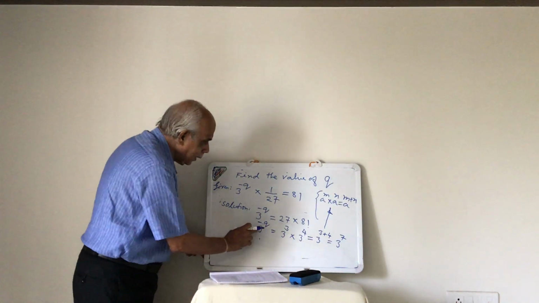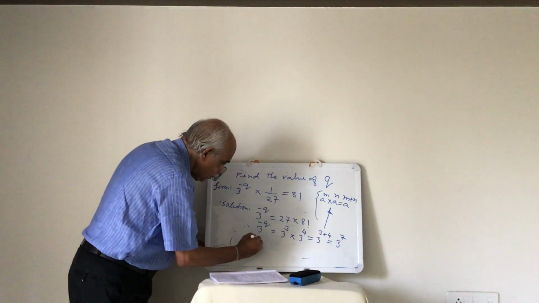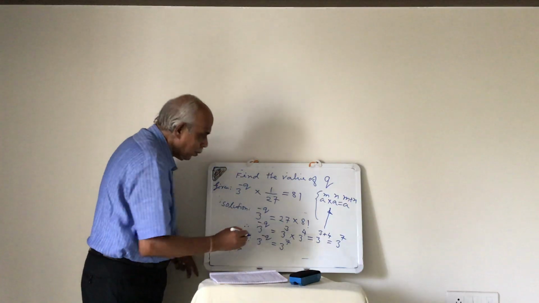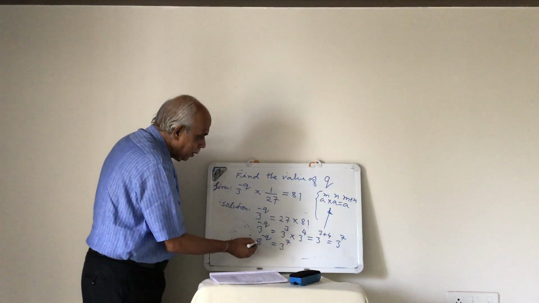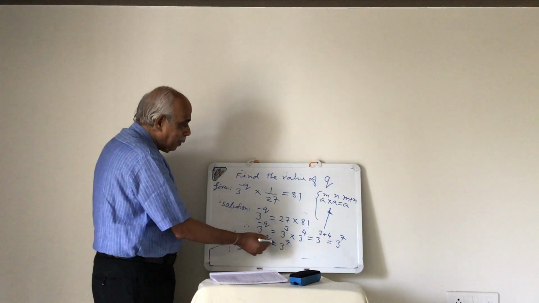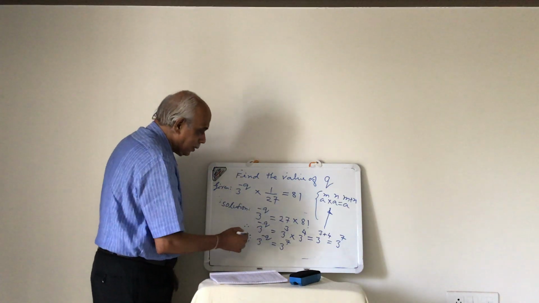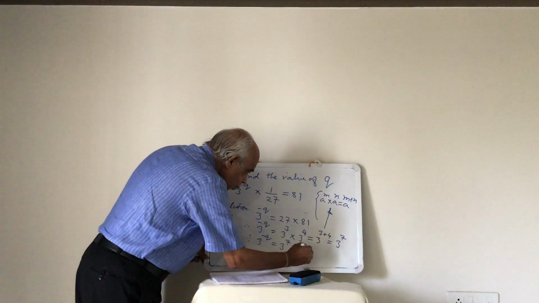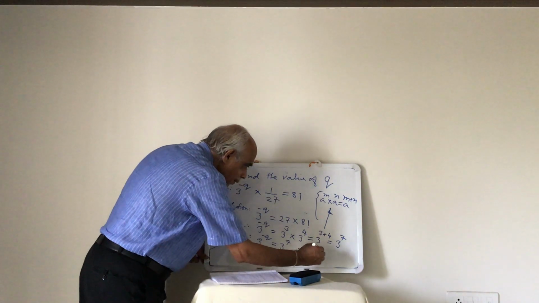So you are getting finally 3 raised to minus q equal to 3 raised to 7. Okay, so now it is quite simple. The base is same. So if the base is same, we can equate the indices. So therefore we can write minus q equal to 7. Why?